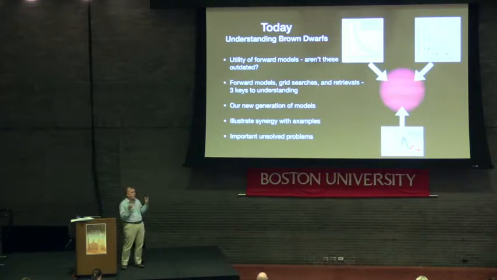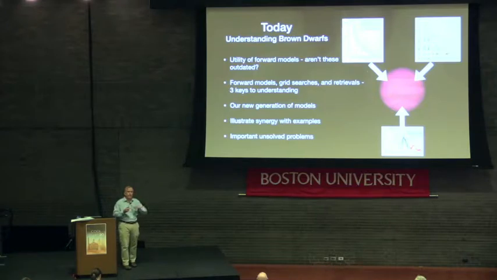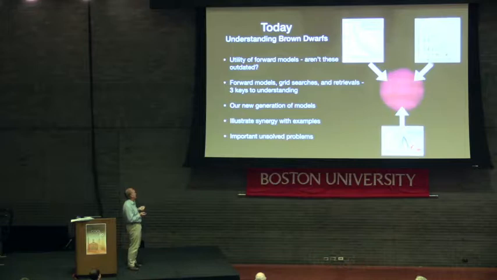But yet we also need to use more modern techniques, retrieval techniques, sophisticated ways of comparing models to data, and figure out what's the best way to kind of triangulate on the properties of these objects. And so I'm going to be using this logo to try to tie together the different techniques and give examples of how we can use these different methods to better improve our understanding.